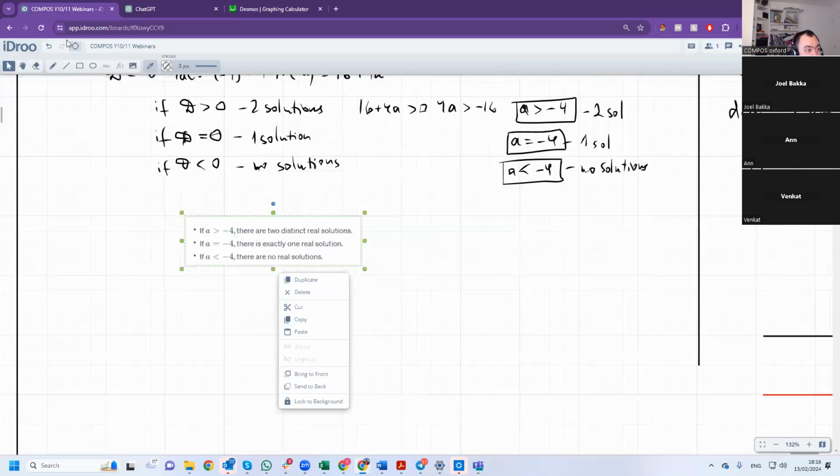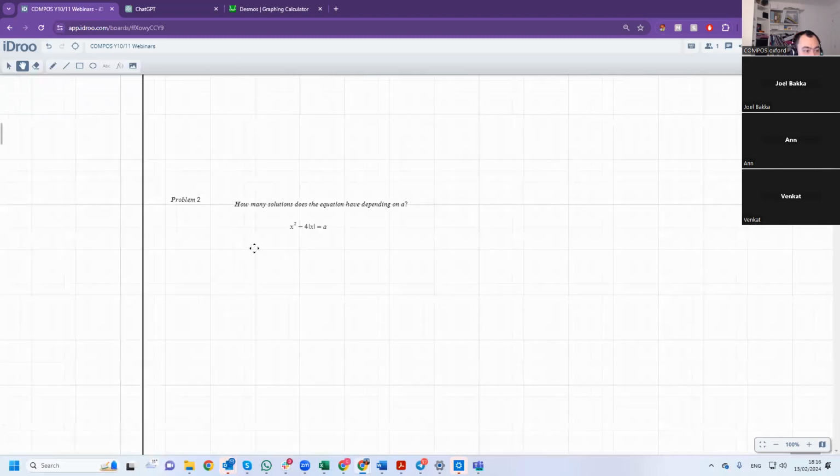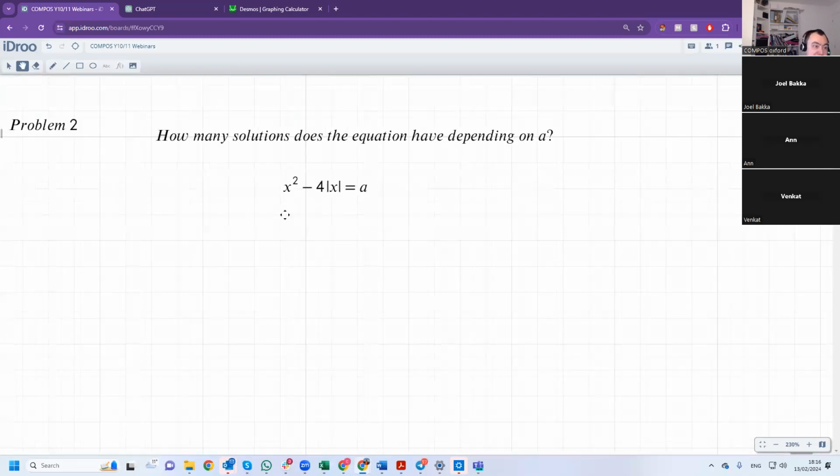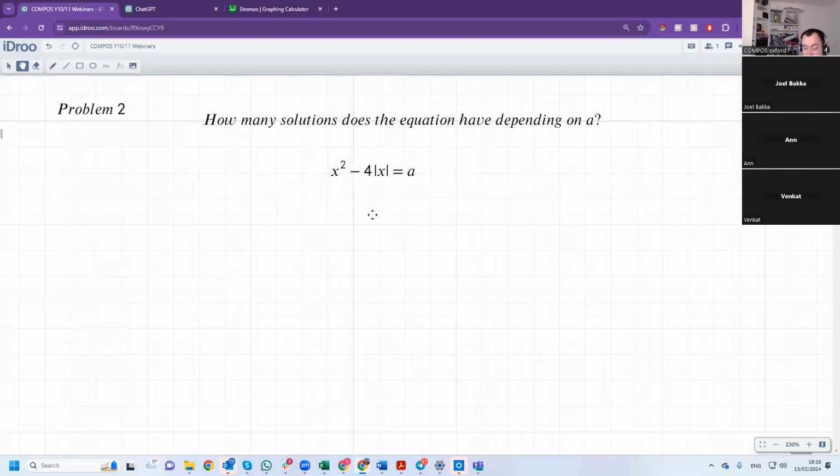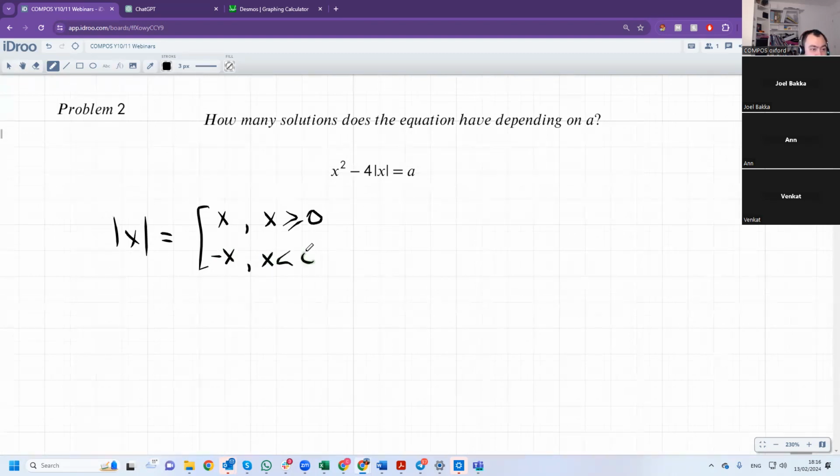Now slightly harder. We go a step further. How many solutions does the equation have depending on a? And now we have modulus x here. So what does that mean? Well, we remember that modulus x is equal to x if x is positive, and it's equal to minus x if x is negative.